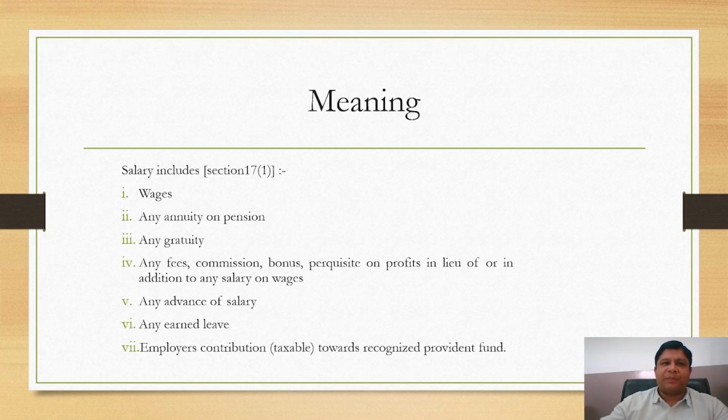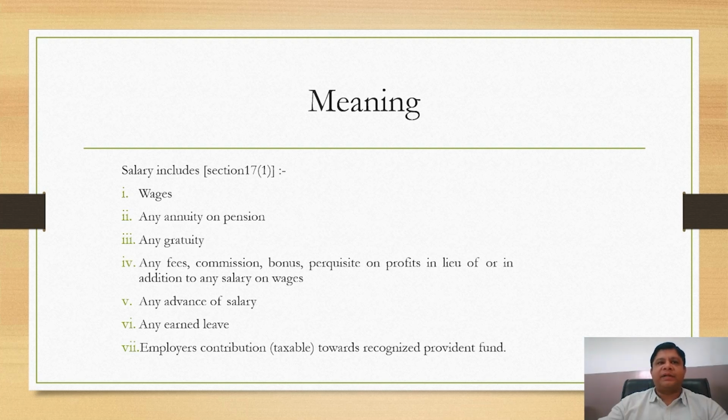Salary received by a proprietor from his proprietorship firm is not an income. Remuneration to a director from his company can be treated as salary only if the director is an employee of the company. Otherwise, the same shall be taxable under the head income from other sources.